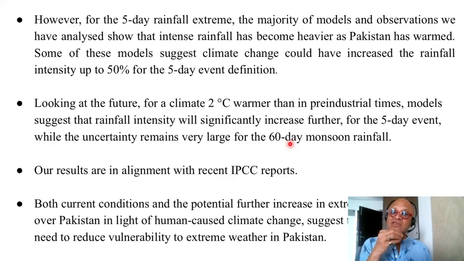That's true for the East African monsoon as well. So what do we do with the Pakistani projection here? Well, adaptation is the good strategy, of course. Our results are in alignment with recent IPCC reports. So this is like expect the best but prepare for the worst.